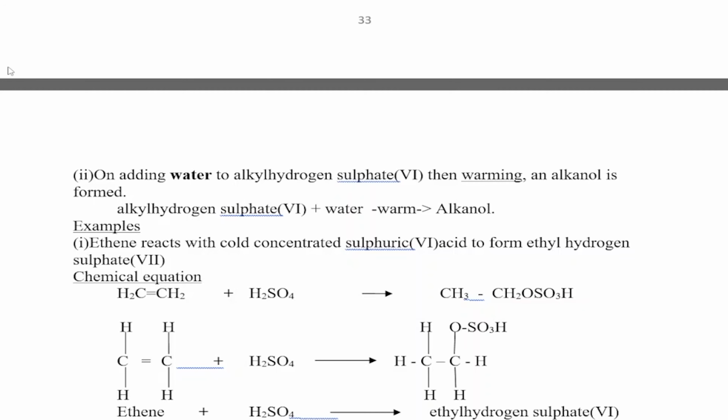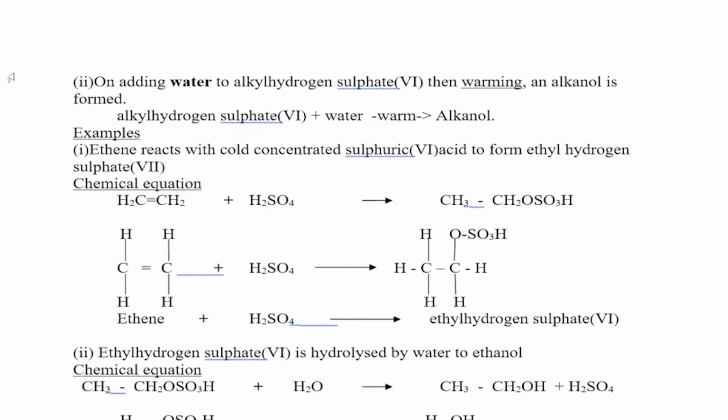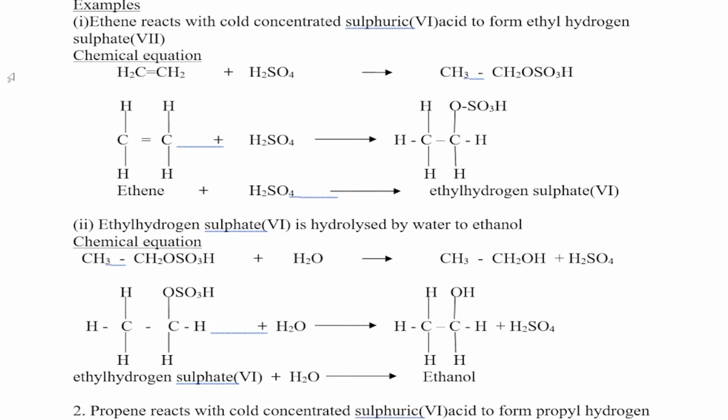And you can see on the screen the equation for the reaction that is taking place. For ethene, I've put the structural formula of the alkene so that you can see how the mechanism of the reaction is taking place. So we can say that the hydrolysis reaction involves 2 steps and 2 reagents, concentrated sulfuric(VI) acid and water.